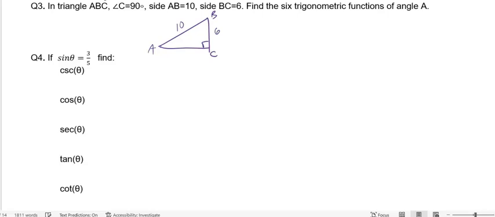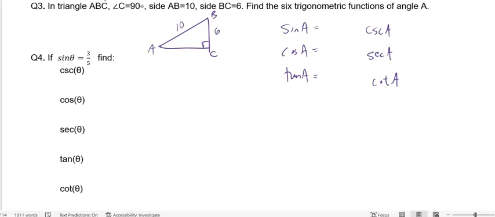This has to be 6. And then I'm finding everything of angle A. Okay, so again, I'll go sine, cosine, tangent, and then I'll go cosecant, secant, cotangent. And then in this one, I think I'll have to reduce some fractions.